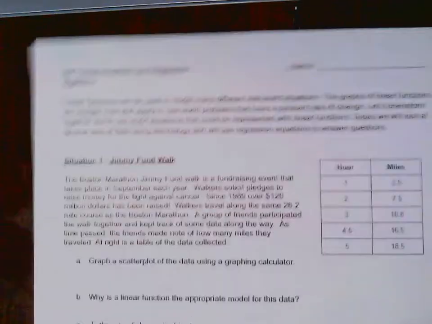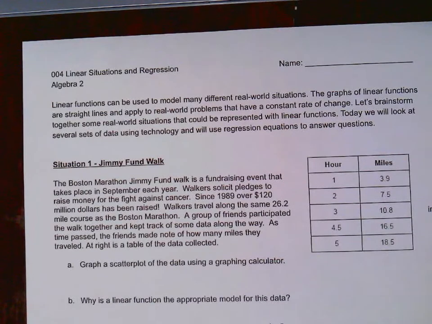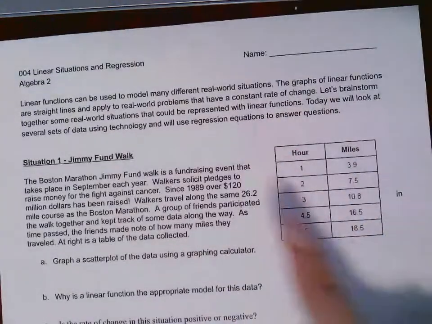So once I go through that set of problems with them, the thing that they are doing today is 0, 0, 4 on their own. So it's a linear situation. So we just talked about exponential yesterday, and we're going to have them do some linear work today. So they're going to do a scatter plot.